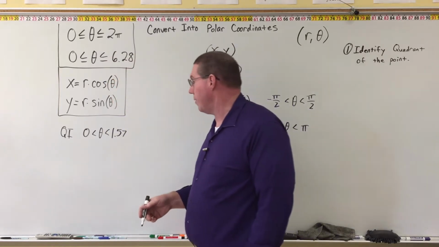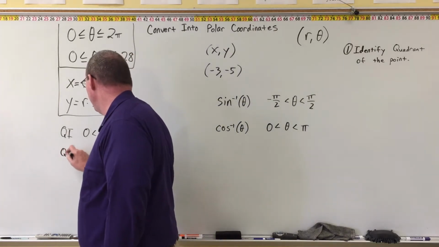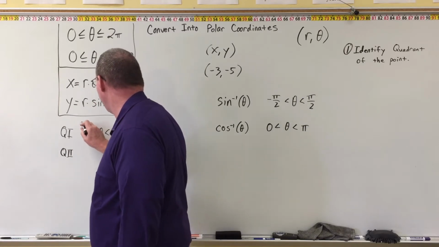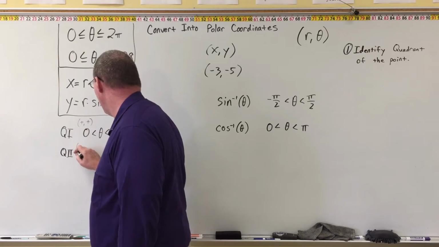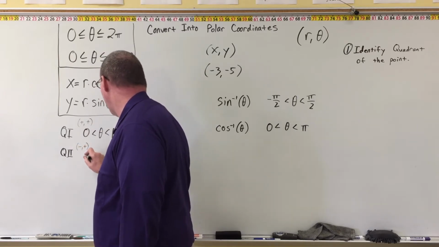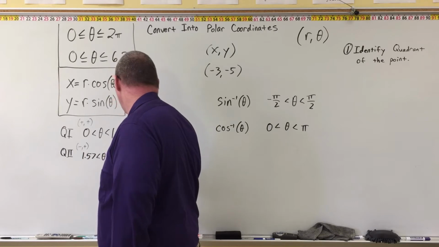They're not really going to come out with pi included. A quadrant 1 point will be a positive point. A quadrant 2 point will be a negative x, positive y point, and our theta angle is going to fall between 1.57 and approximately 3.14, because that's pi.